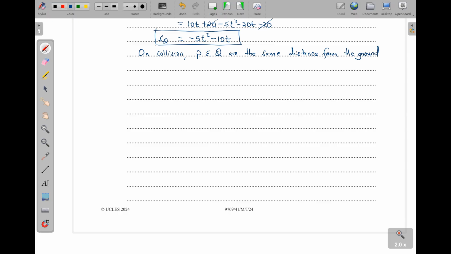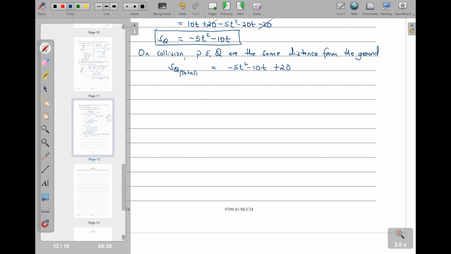Now, that means since after the first collision Q was moving up, the distance traveled by Q in total, let me just put SQ total, is going to be this negative 5t squared we have gotten minus the 10t. Then we shall add on the 20.